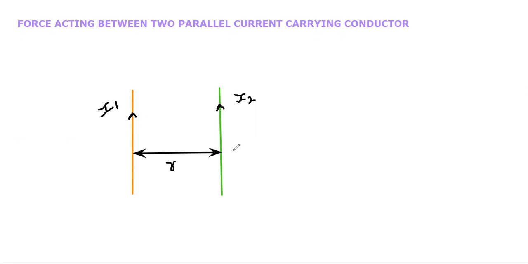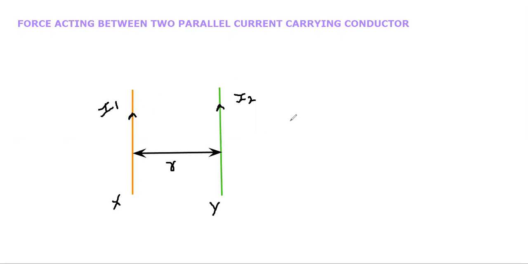So this conductor, which is at distance r, will be coming in the magnetic field of this conductor. Let this be conductor X and let this be conductor Y. So there would be a magnetic field due to X, and this conductor Y would be coming in the magnetic field of this conductor.